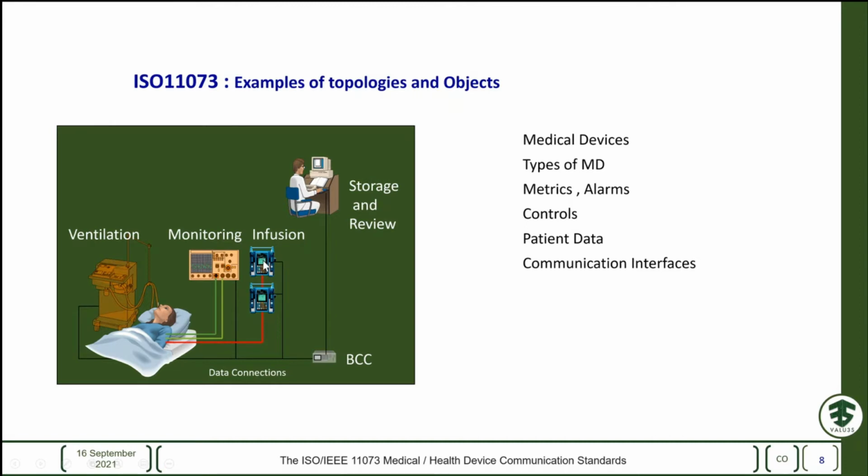We also have infusion pumps that are intravenously injecting drugs into the patient. We have monitoring of all types of devices. And the good thing is that now we can interoperate the components, and we can have a complete overview of the status of the patient. In the past, this was not possible. So we will be using this standard to do the integration of data and the connectivity to the storage areas.